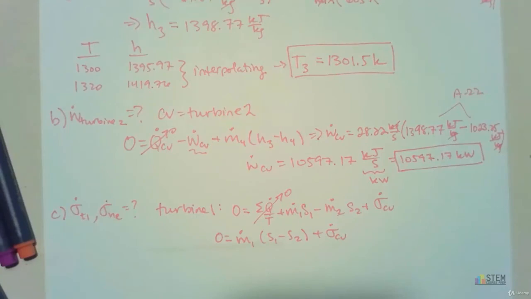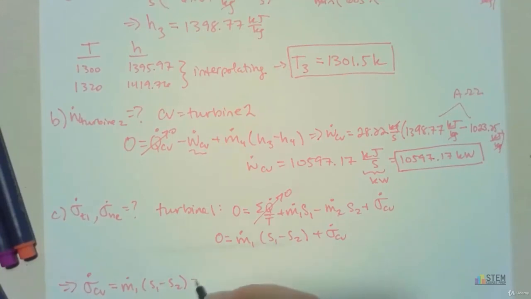Alright, so now we've got that. And we can solve this for sigma dot. So sigma dot is going to be m1 dot times s1 minus s2.